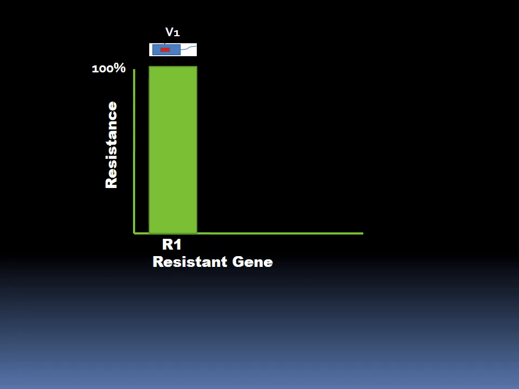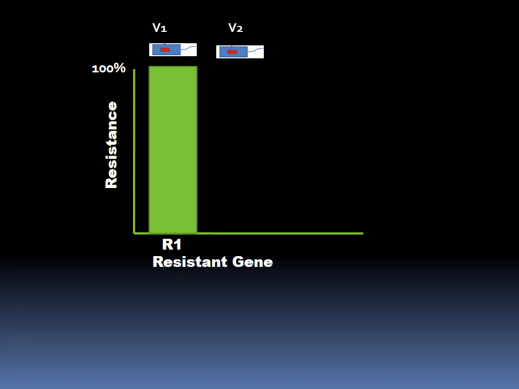What would happen if this bacteria attacks a plant which has the R gene? So the R gene detects the V1 gene, and as a result of that, it makes the plant resistant against this bacteria. Because there is an erect structure and there is 100% resistance, that is why it is known as vertical resistance.